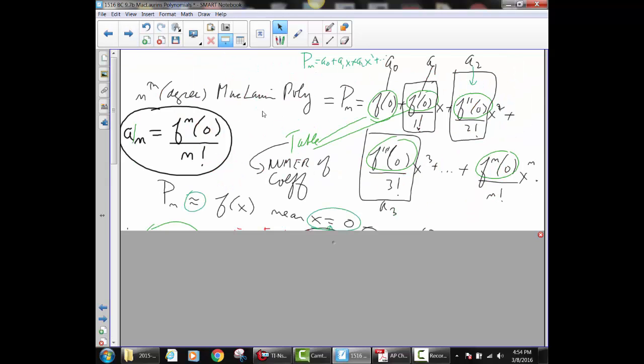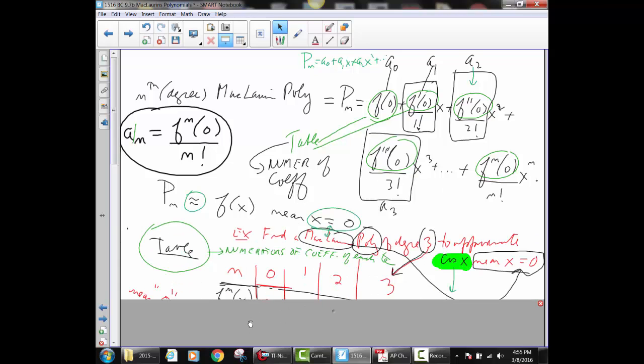So here's what it looks like. An nth degree Maclaurin polynomial, with P subscript n being the degree, is f of 0 plus f prime of 0 over 1 factorial x plus f double prime of 0 over 2 factorial x squared, etc. And now we're going to use a table to do this.